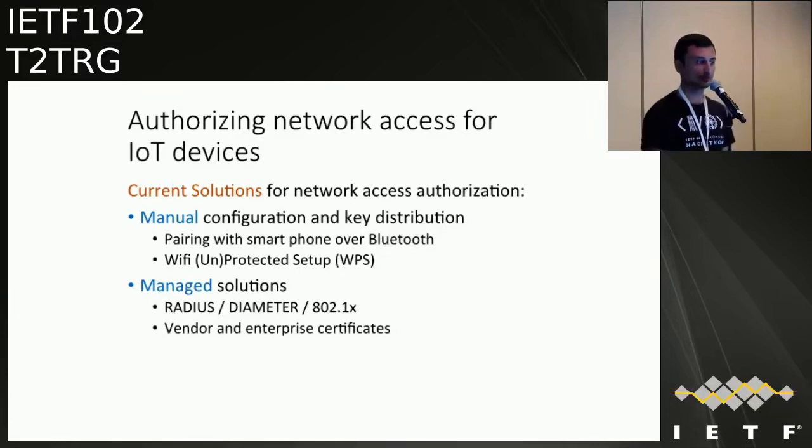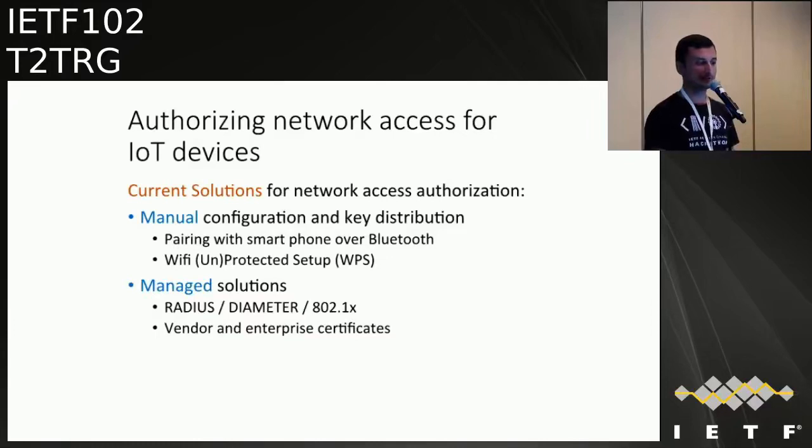So this is just pairing a phone with a printer, or some simple pressing of buttons, what some people would call Wi-Fi Protected Setup. And then we have the more managed solutions such as RADIUS, Diameter, 802.1X, and all the vendor and enterprise certificates. These are typically something that you will see more in small office and enterprise deployments.